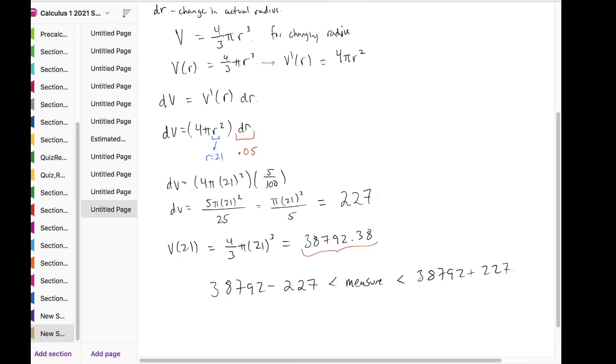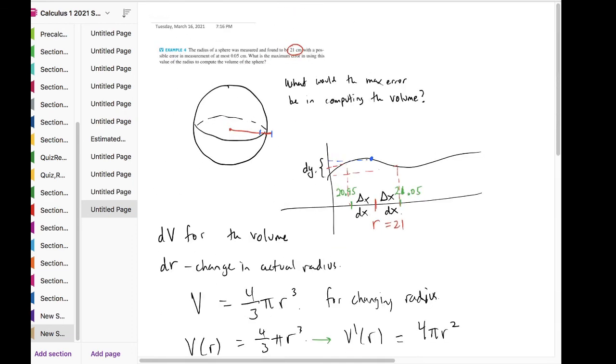That's a pretty bad error, right? So if you're trying to measure the volume of a sphere, you should be pretty close in your measurement of radius, because 0.05 centimeters is pretty small.